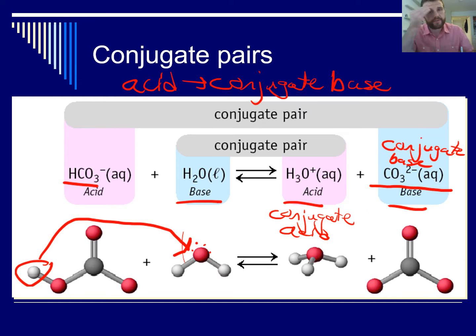When you have something acting as an acid, there's something called a conjugate pair. So right here we see the same pattern. I have HCO3 minus, and this hydrogen ends up joining onto the lone pair of the oxygen right there, and it becomes what we call a conjugate base.